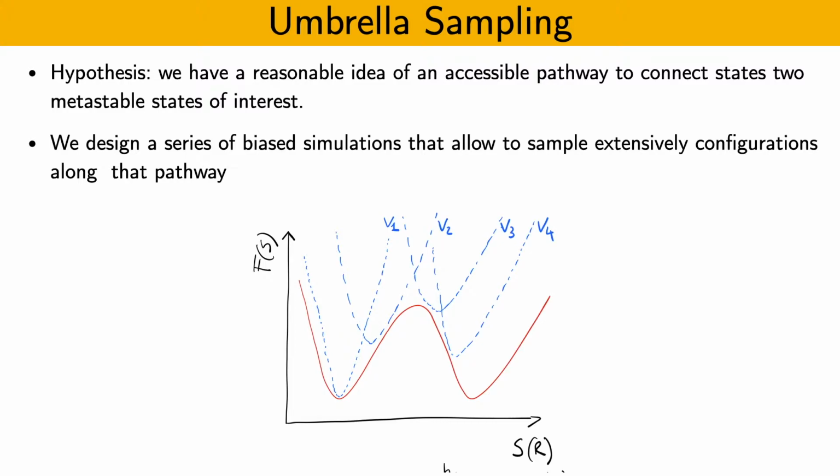So they're subject to a different bias potential that typically in umbrella sampling is defined as a harmonic potential in S. So the point is, every one of these simulations that are typically referred to as windows is an independent bias simulation.